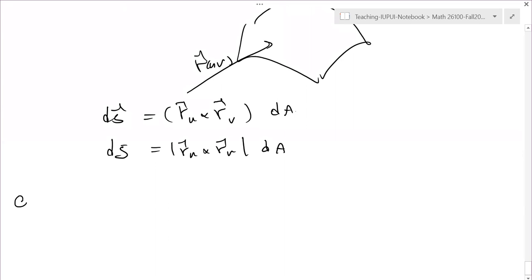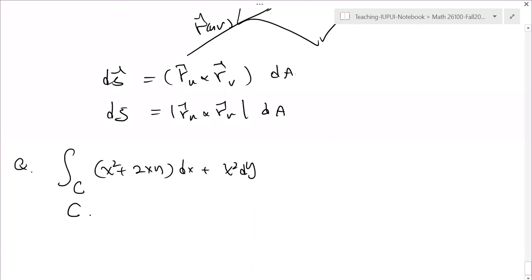Okay. So now let's evaluate this integral here, x squared plus 2xy dx plus x squared y dy. Okay, C is a path from (0, 1) to (1, 2). Okay.